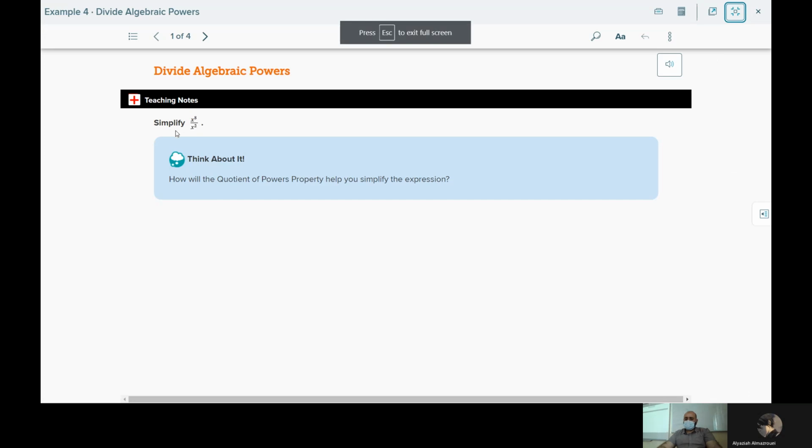Then write this question: simplify x exponent 8 divided by x exponent 2. Then try to find the answer, please.